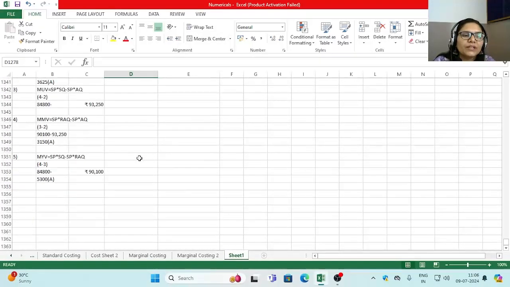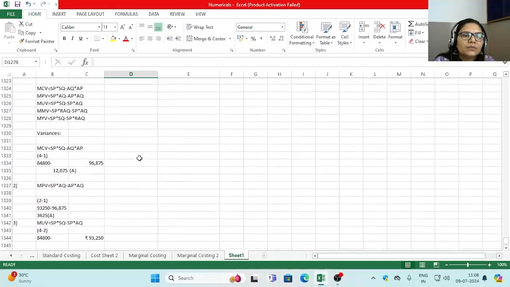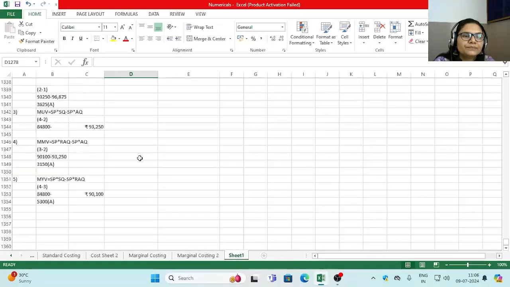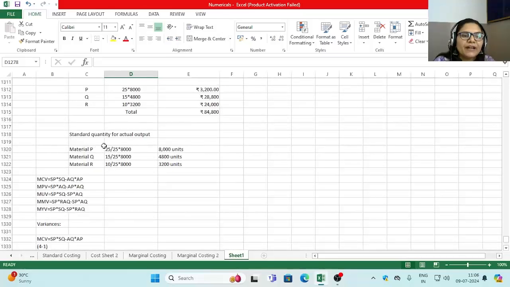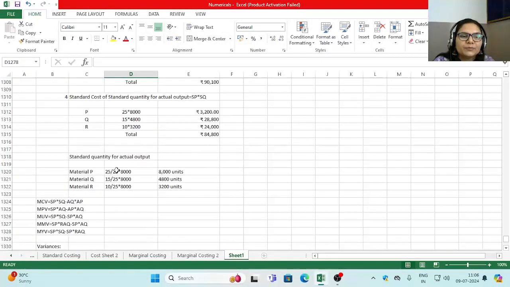So standard quantity is 25 divided by 25 into 8,000 units. This is per unit standard, but we need to see what will be the standard quantity for actual output.